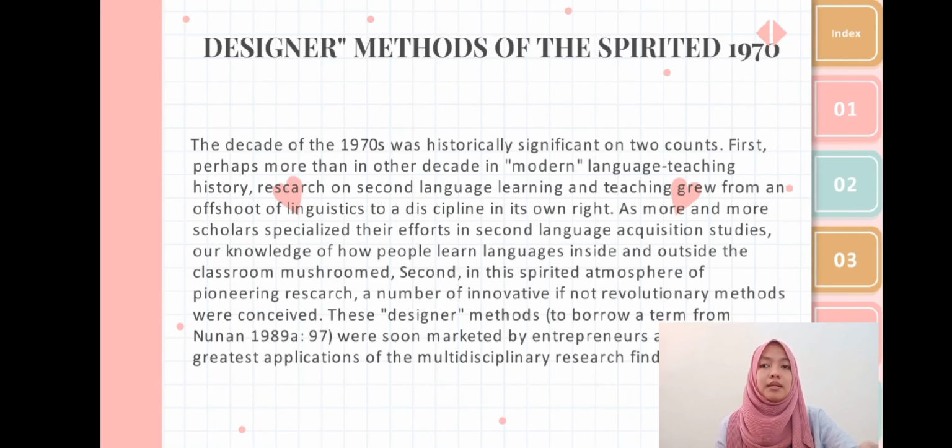And the next is the Silent Way. Like Suggestopedia, I think the Silent Way rested on more cognitive than affective arguments from its theoretical standpoint. There are three principles behind the theory.